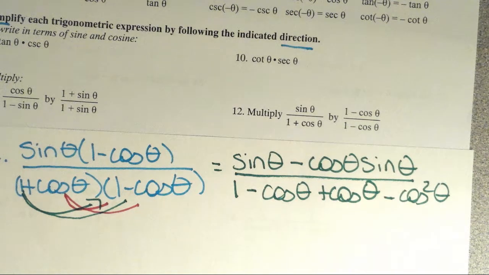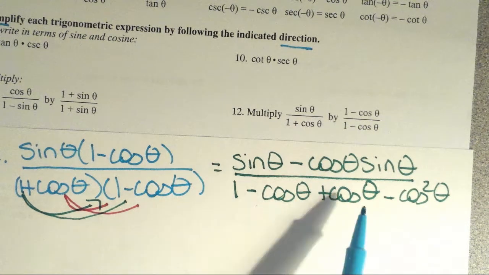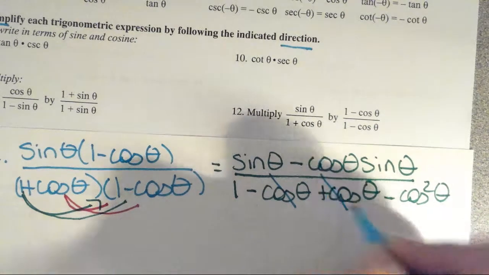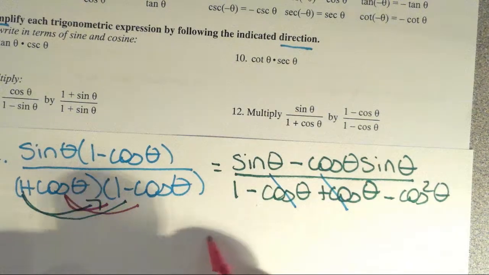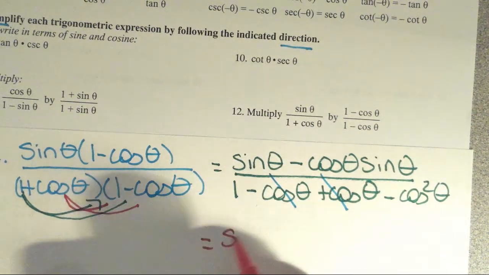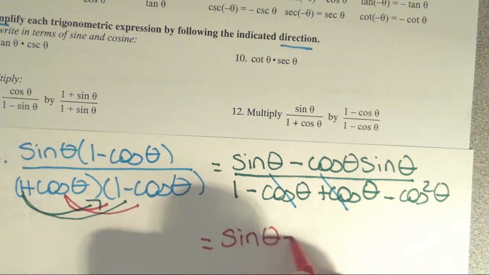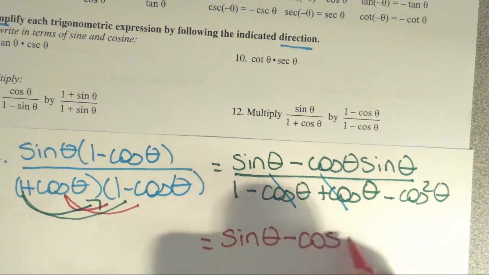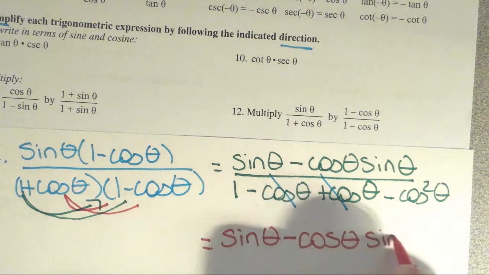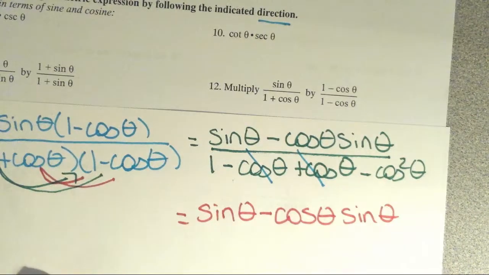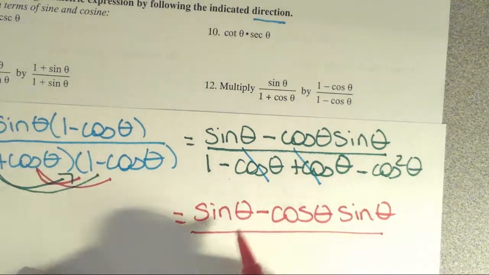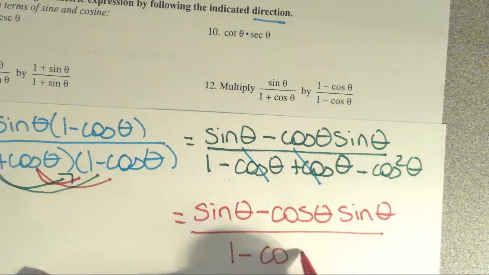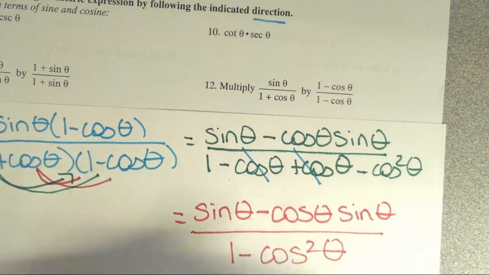So hopefully you see that negative cosine and positive cosine cancel out. On the top, we're left with sine theta minus cosine theta sine theta. On the bottom, I have 1 minus cosine squared theta.